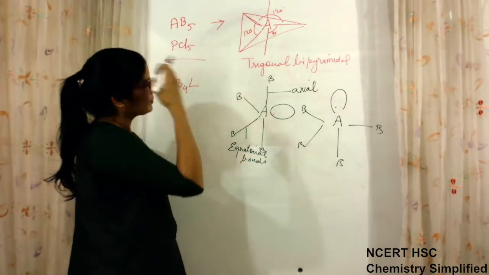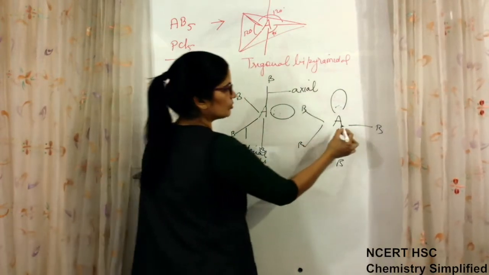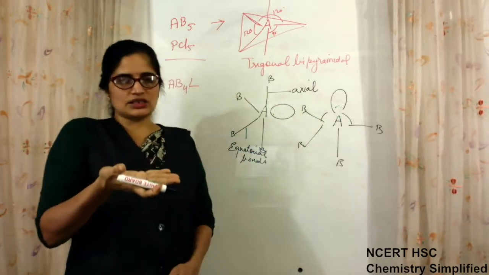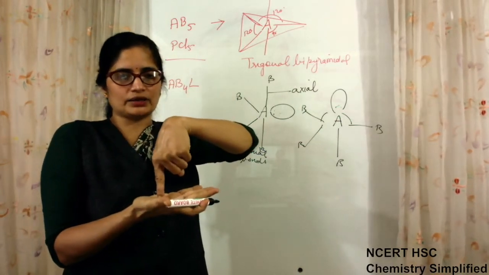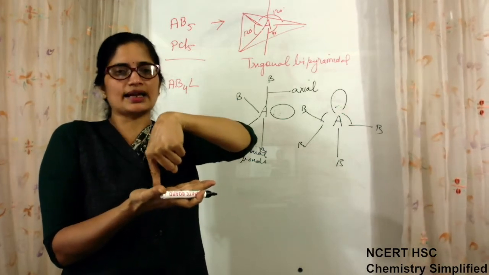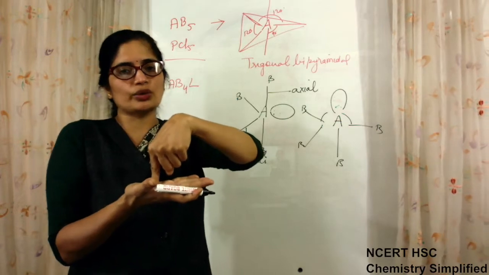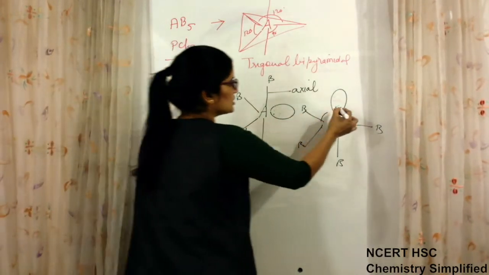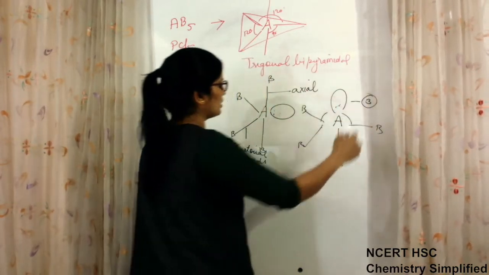Now here this lone pair will face repulsion from 3 bonds, because these 3 bonds are in plane and this is at 90 degrees above the plane. So this bond is at 90 degrees from 3 bonds in the plane, so all 3 are going to repel it. So this lone pair, bond pair repulsions total 3 in number.